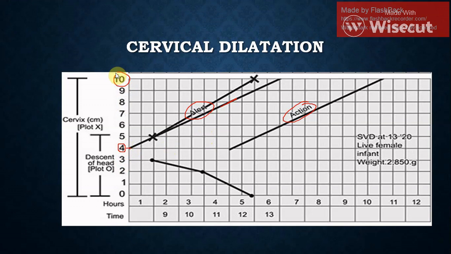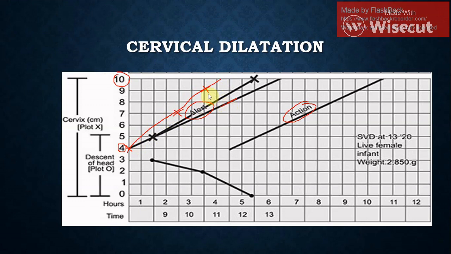If the cervical dilatation moves on the left of the alert line, say we have a mother whose cervical dilatation is 4 cm on our first assessment, then on subsequent assessment we find that the cervical dilatation is 7 cm, and again say 9 cm. We represent it by joining the crosses. Here we see that our representation is on the left side of the alert line.